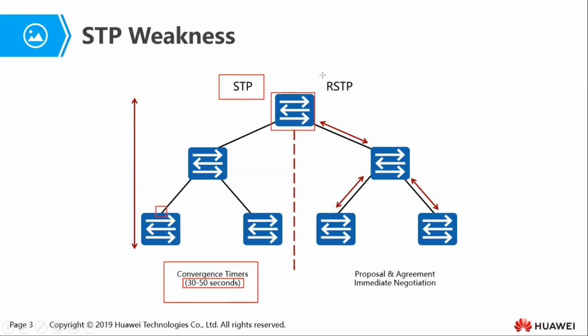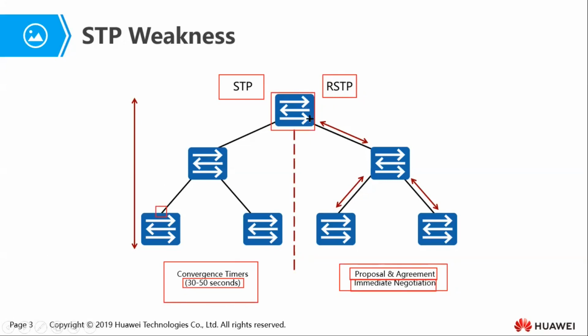Now, with RSTP, it's going to use real-time BPDUs with what we call the proposal and agreement bits that will allow immediate negotiation in case of failure.